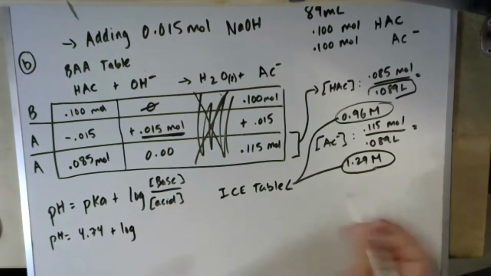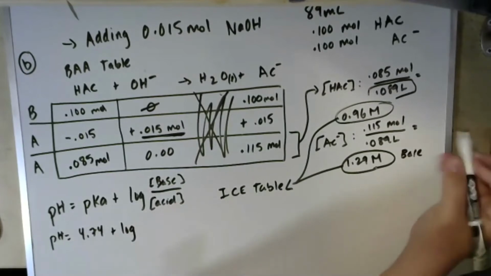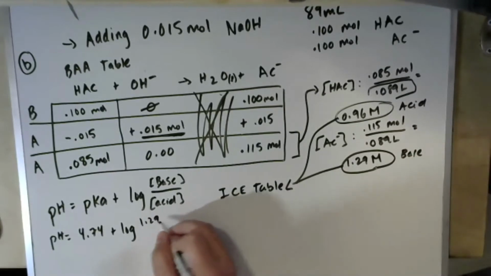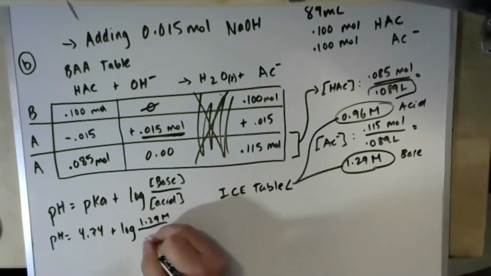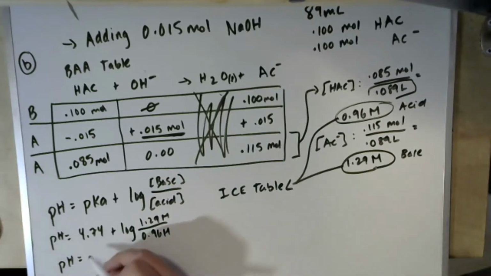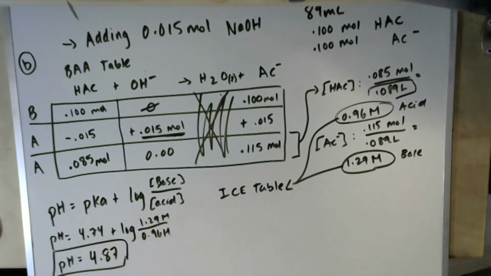Our base is going to be 1.29 molar, and our acid is going to be 0.96 molar. And we get a pH of 4.87 when we add the 0.015 moles of the NaOH.